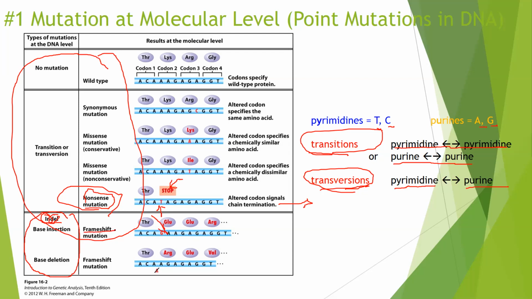The frameshift mutation. It can totally change the codons and the sequence of the amino acids. The same thing here: if we remove one letter, this removal of a single nucleotide will change the reading frame. So the frameshift mutation will totally change the function of the resultant protein.